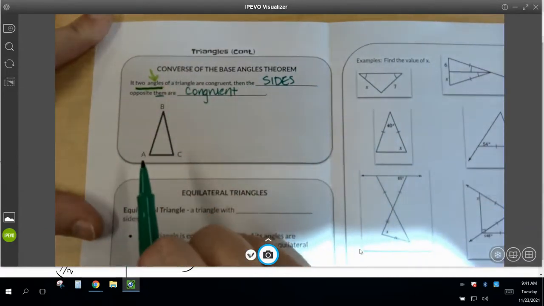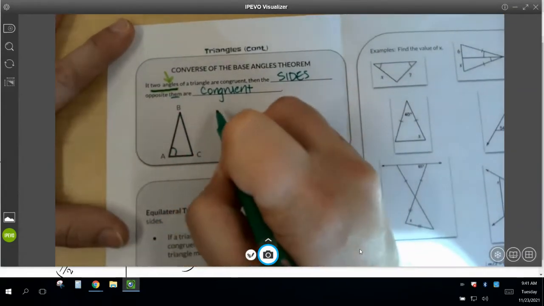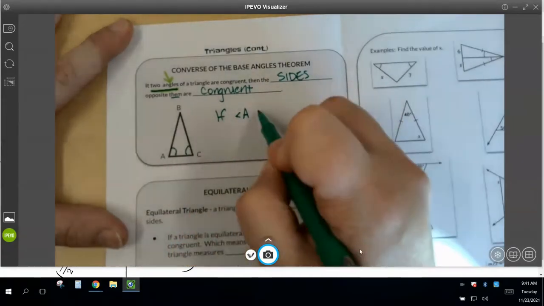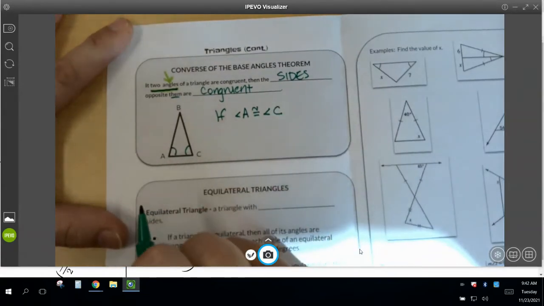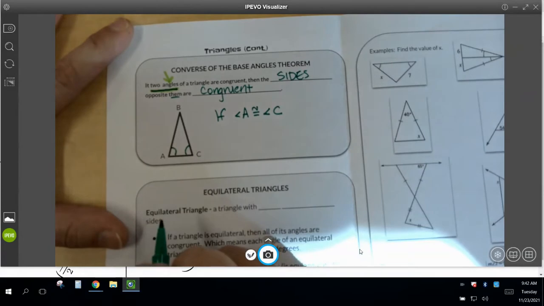The way that this is worded, we would need to know that we have two congruent angles, say angle A and angle C are congruent to each other. So if angle A is congruent to angle C, those would be two congruent angles in the triangle.